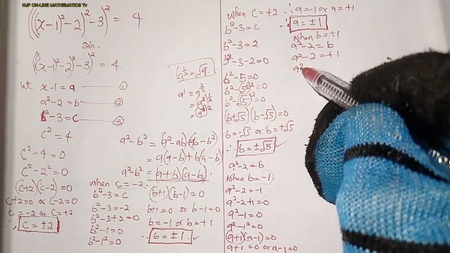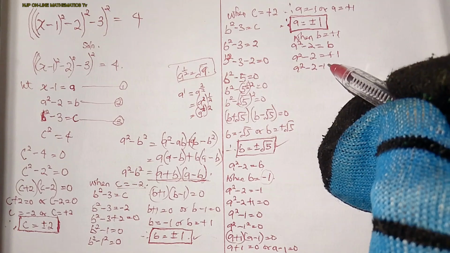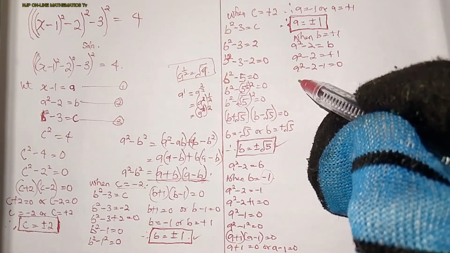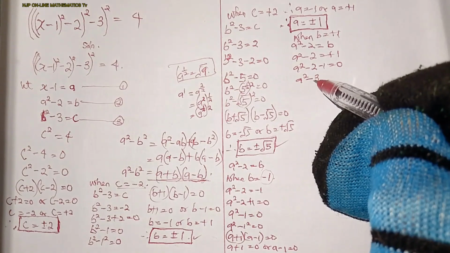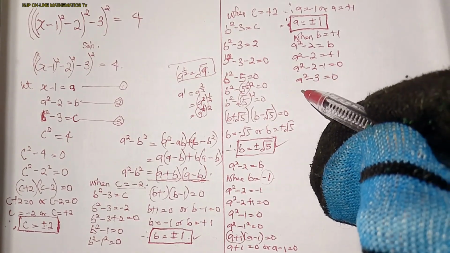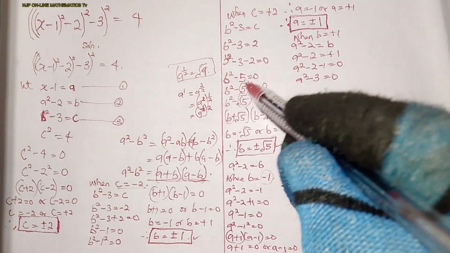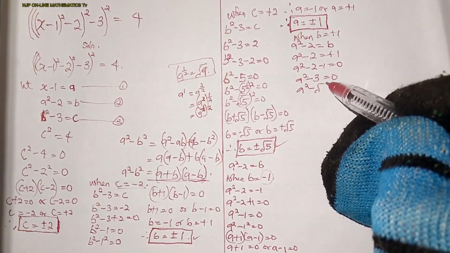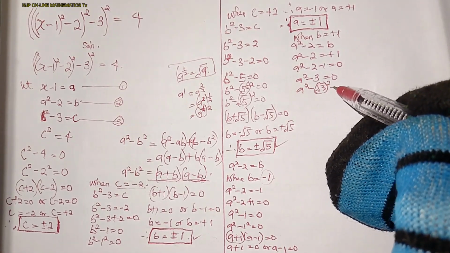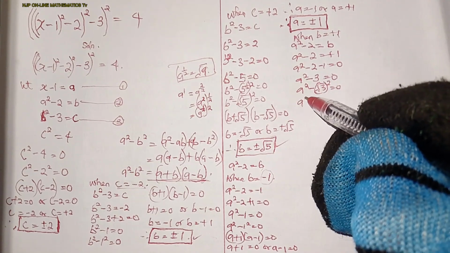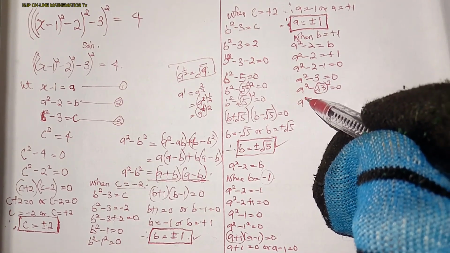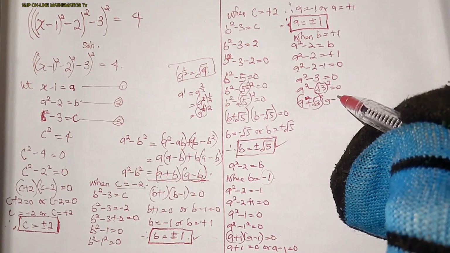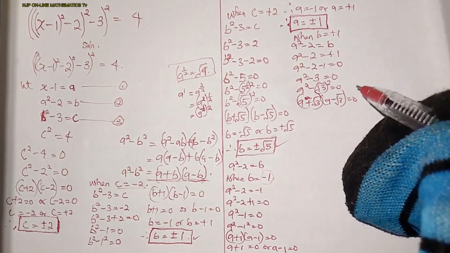So we are having a square minus 2 minus 1 equals 0. And this becomes a square minus 3 equals 0. And we can still apply what we did here, and we are having a square minus root 3 all squared equals 0. And we are having that a plus root 3 multiplying a minus root 3 equals 0.